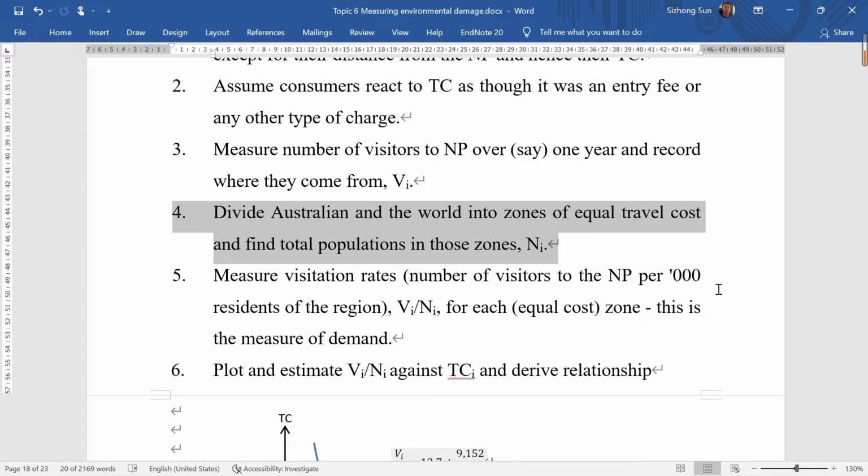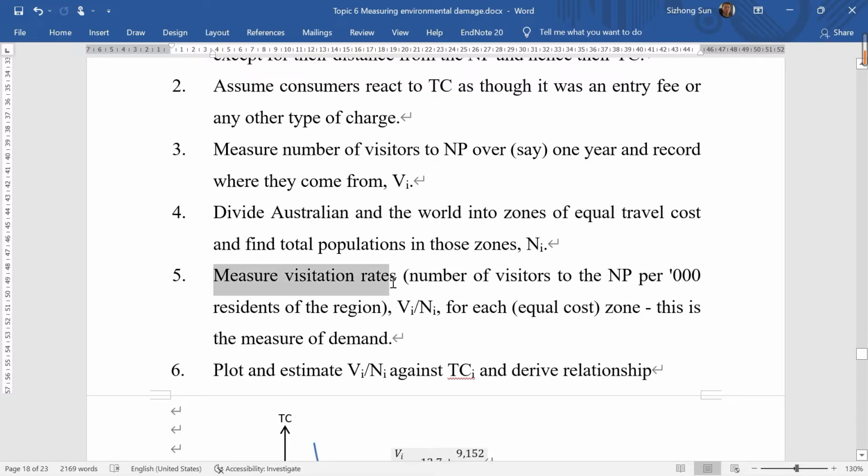Then we can obtain the population of Canberra, then divide 1,000 by the population of Canberra to obtain the visitation rate, which is the number of visitors to the national park per 1,000 residents of the region.